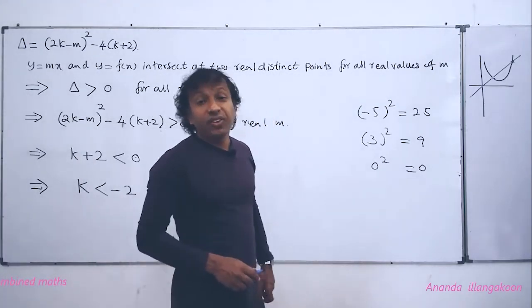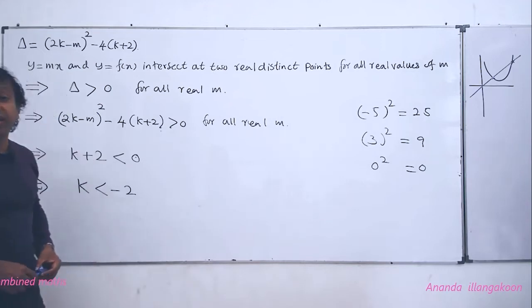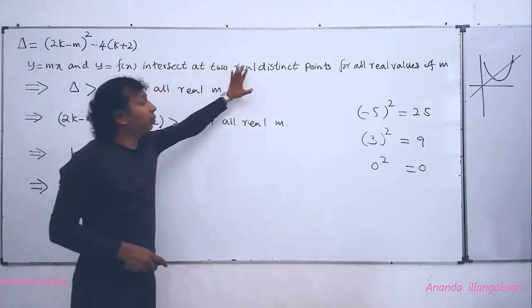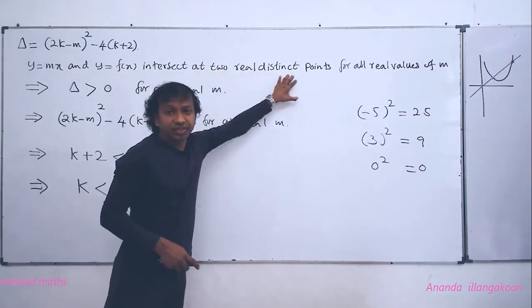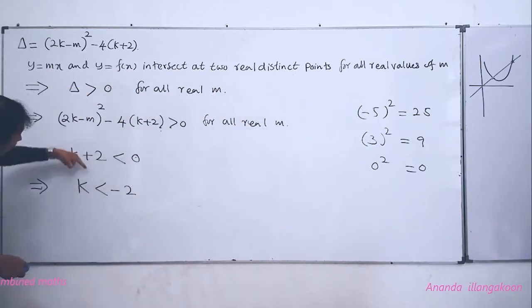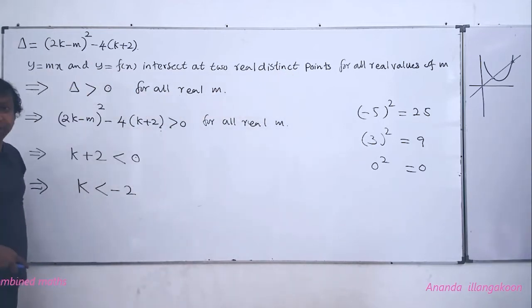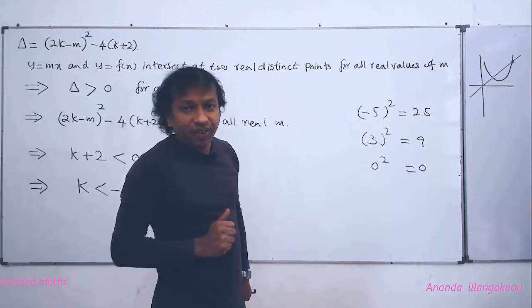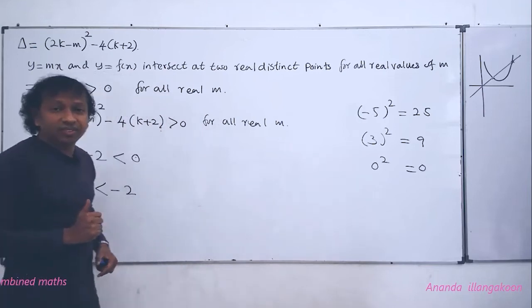Now we have proved the if part. What is the if part? y equals mx and y equals f(x) intersect at two real points. If that happens, by following this way, we proved k less than minus 2. The if part we have proved. Now the only if part. How to prove this only if part?